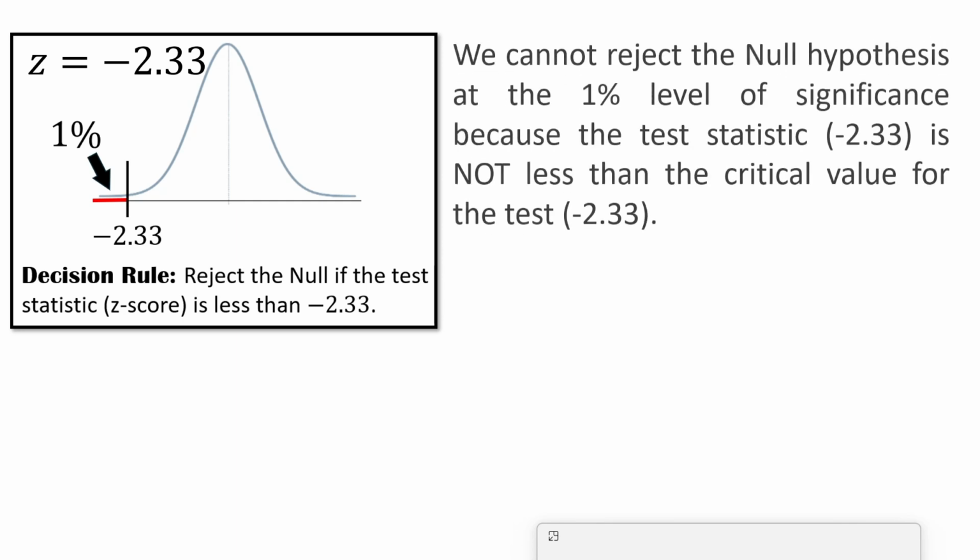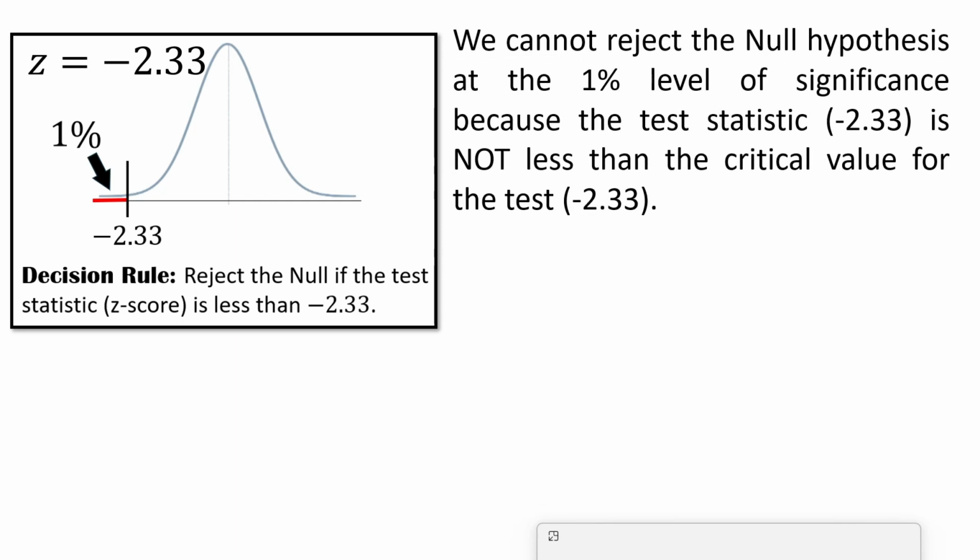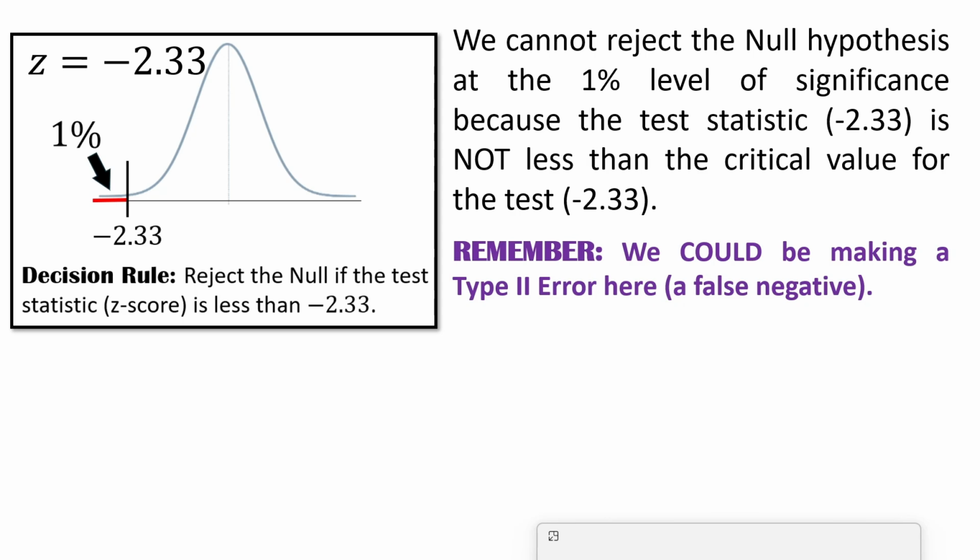And so we cannot reject the null hypothesis at the 1% level of significance because the test statistic is not less than the critical value. Just to remind you, here we could be making a type 2 error because we didn't reject, and that could be a mistake. That's a type 2 error, or a false negative.